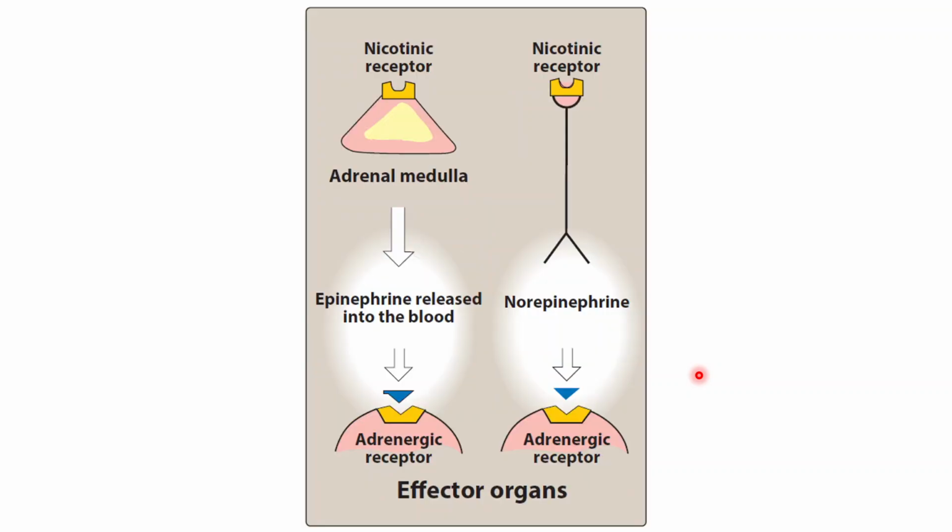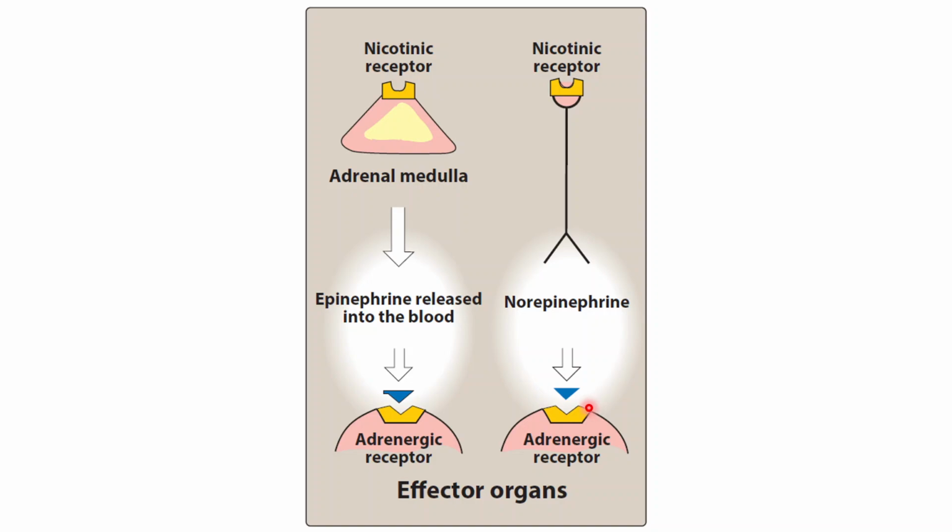The adrenergic neurons release norepinephrine, that is a primary neurotransmitter in the periphery and also a neurotransmitter in the central nervous system. The sympathomimetics act like norepinephrine, and they stimulate the adrenergic receptors.